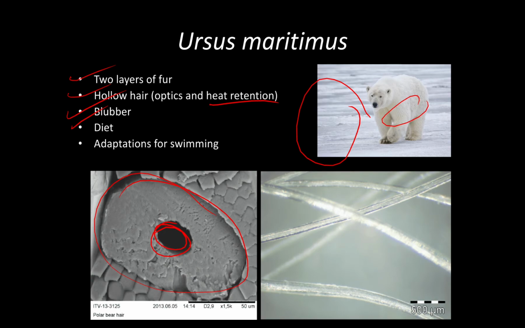Okay, polar bears specifically have a very high fat diet, very rich in energy. They normally eat seals and baby seals, which are very blubbery. And finally, they have adaptations for swimming, specifically strong limbs and wide paws for paddling.